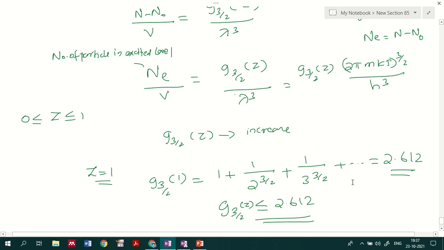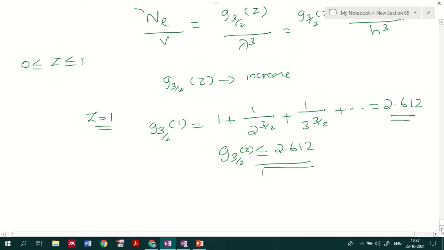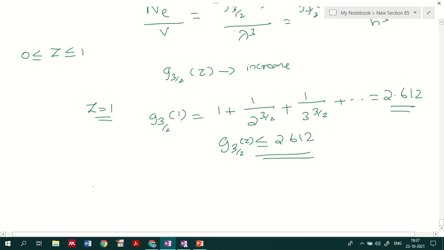And we know what the situation is when z is equal to 0, as we already said. When z is equal to 0, this term will also be equal to what?